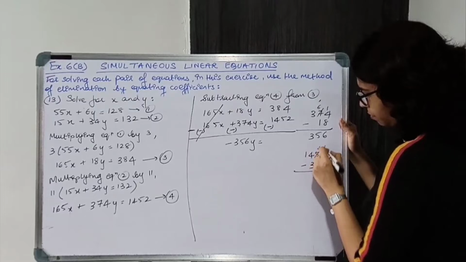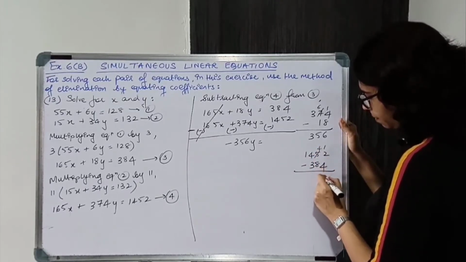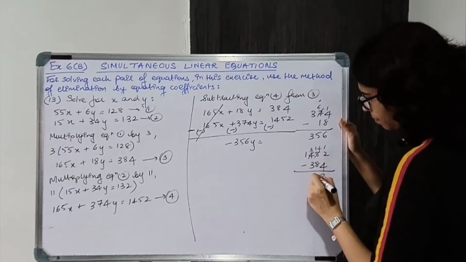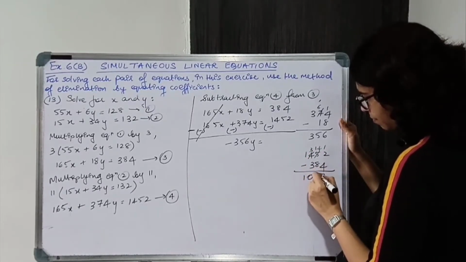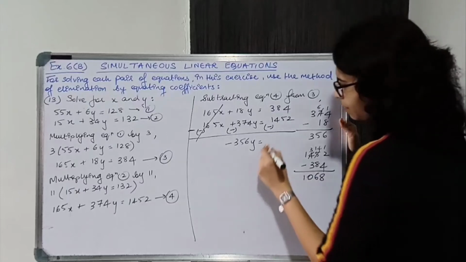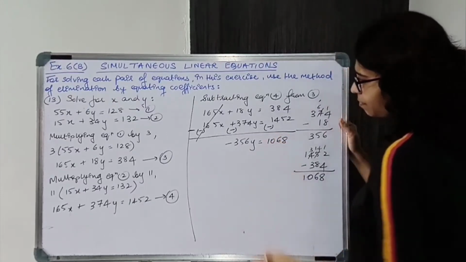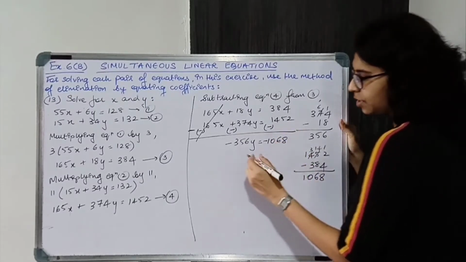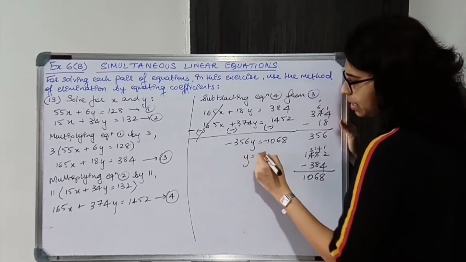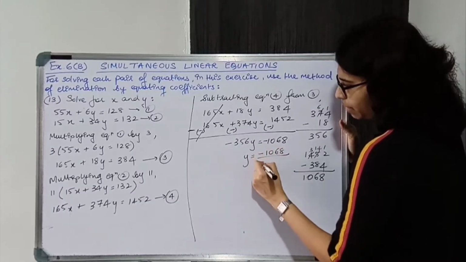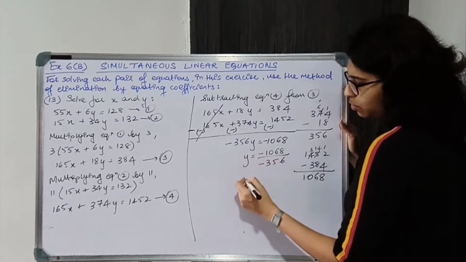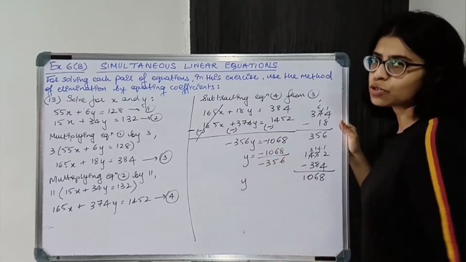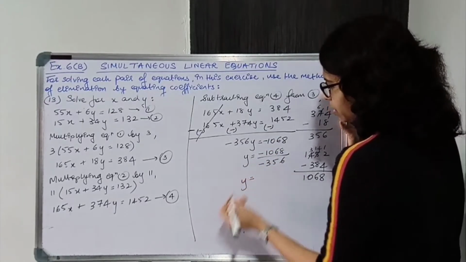So this will be 1068, minus because the greater number is negative. So y is equal to minus 1068 upon minus 356. So this will become positive. Don't cancel it out. Okay, the minus sign going up becomes positive. Minus into minus gives plus.